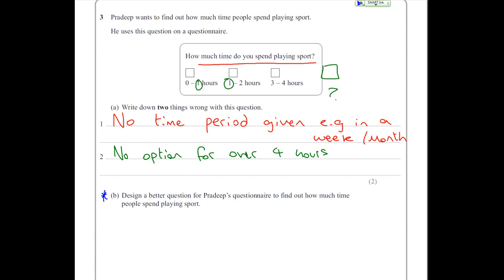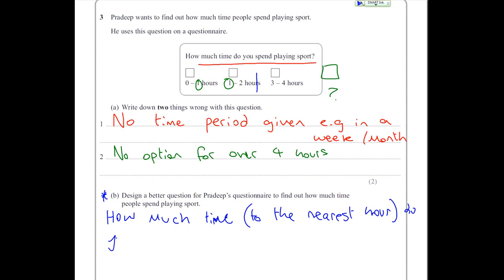If we say how much time, and we can say to the nearest hour, because that'll stop people getting confused, thinking about 45 minutes, what if I'm in 2 hours 45, 2.5 hours, etc. So to the nearest hour, do you spend playing sports?